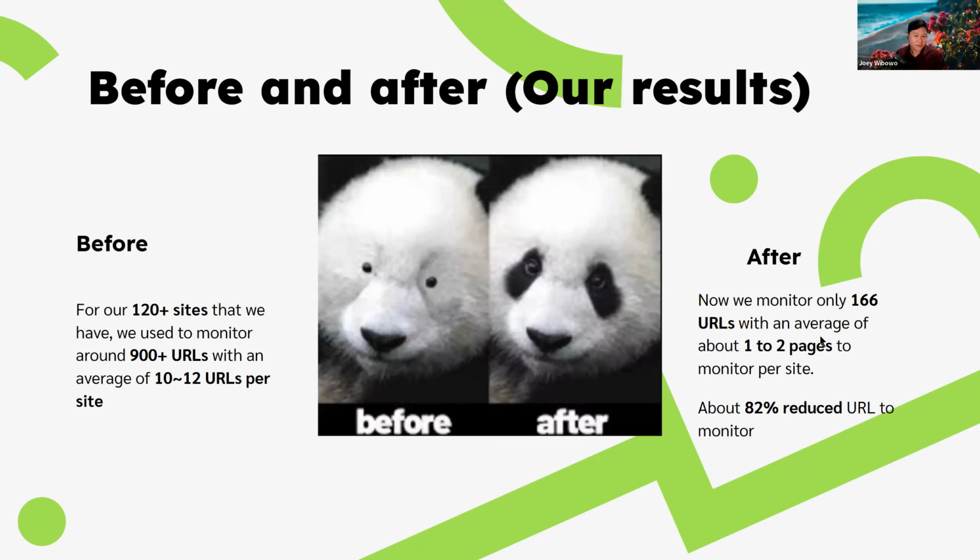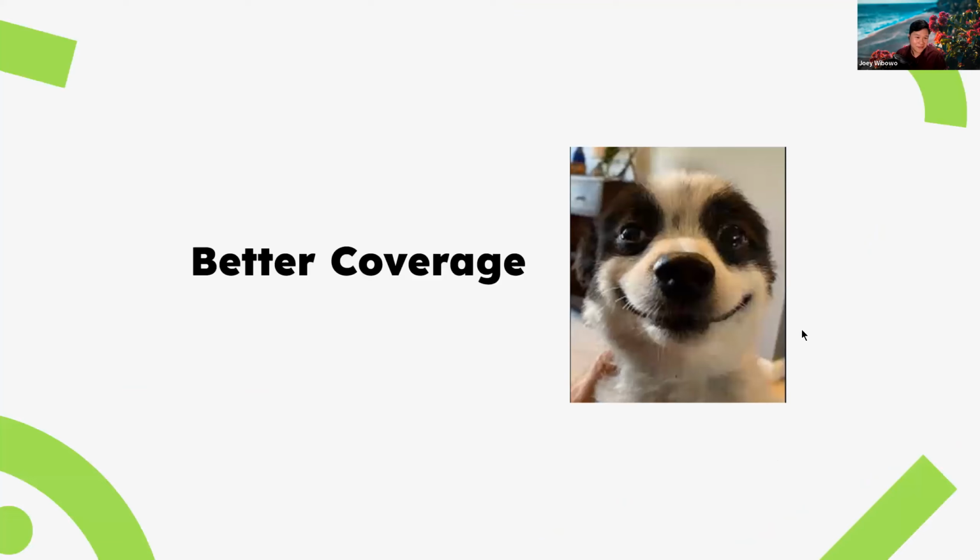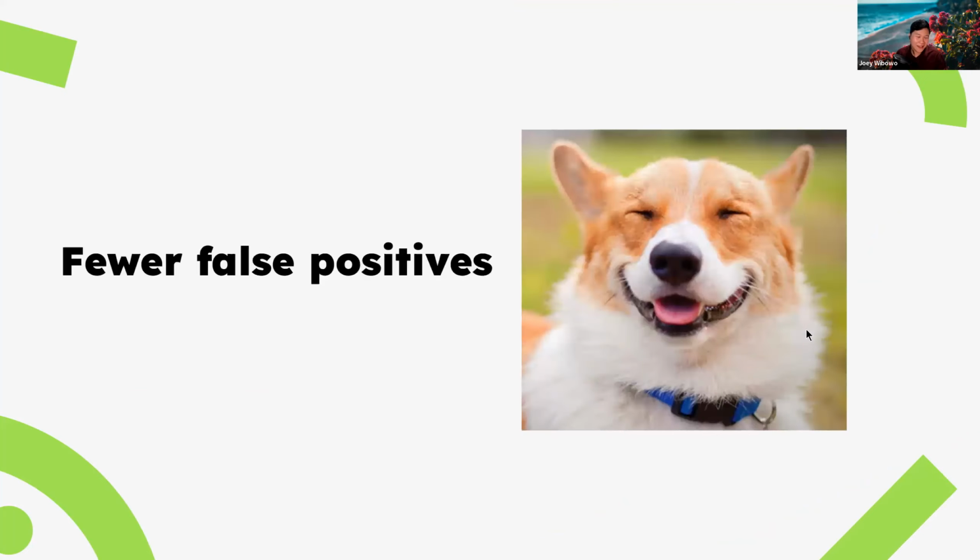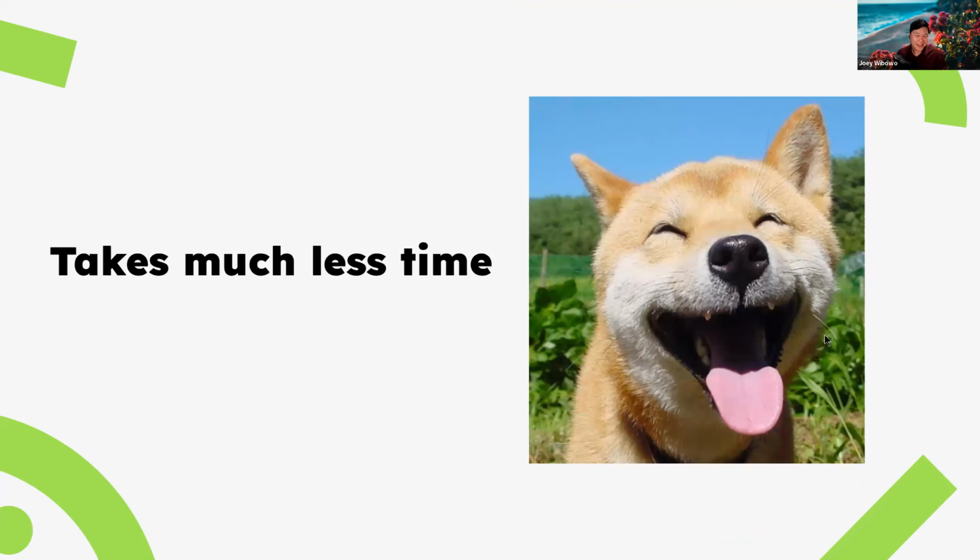And now we only monitor 166 URLs with an average of 1 to 2 pages. That's about 82% reduced in URL quantity to monitor. And I think with that, you have better coverage, you have fewer false positives, and it takes much less time to review, which is all good.